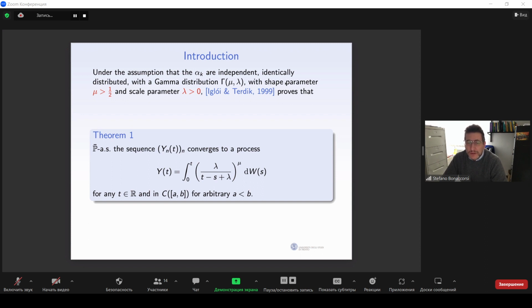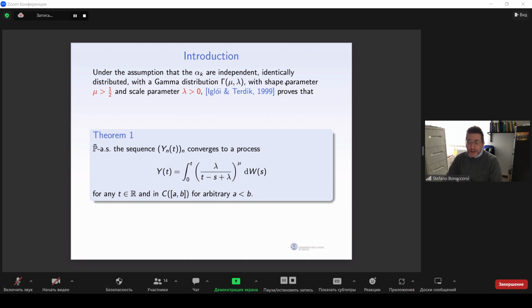And so, as you see, both lambda and mu enter in the description of the kernel that defines the process y_t. And this convergence happens P-almost surely, but so almost surely with respect to the measure P bar.